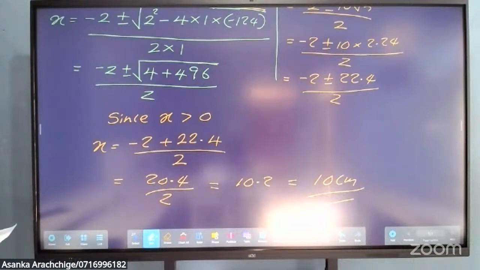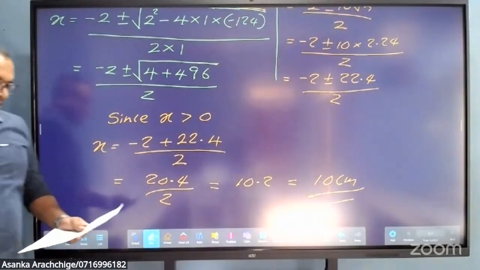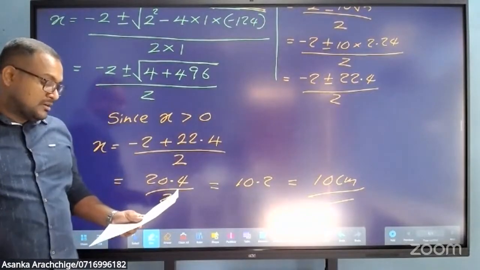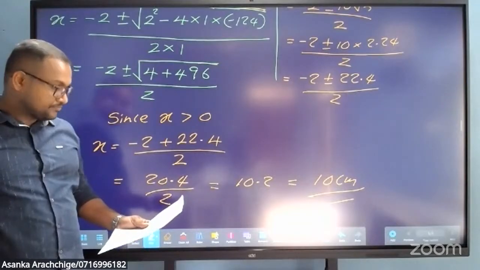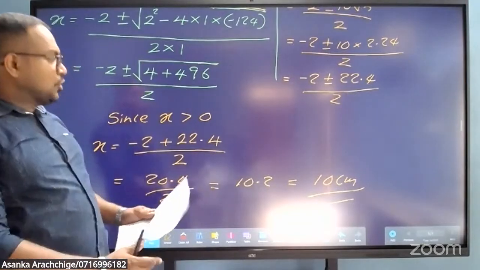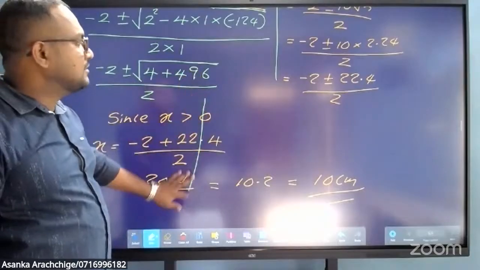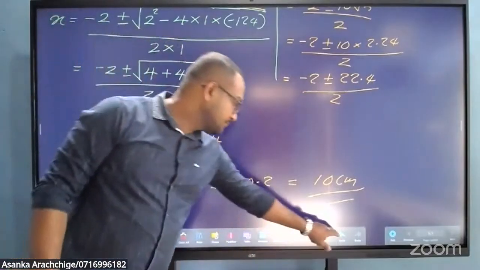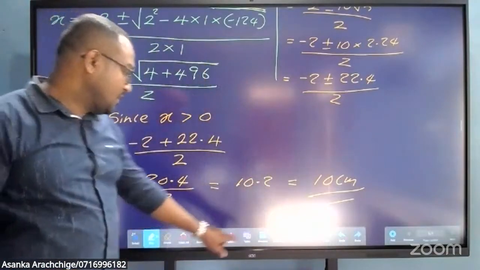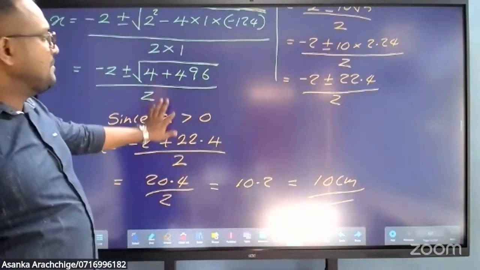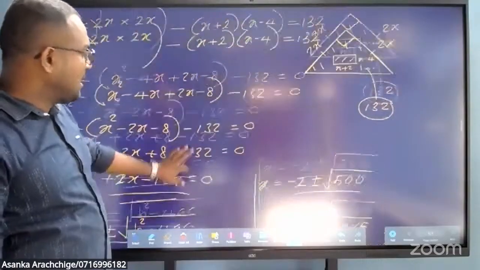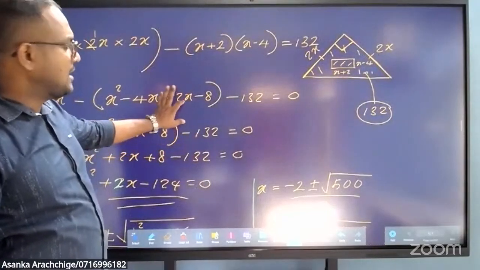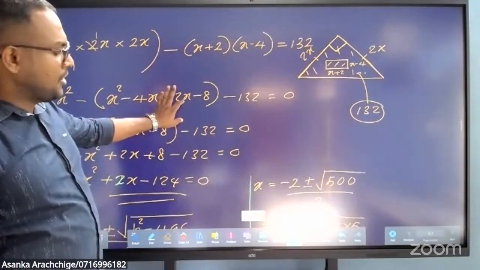Then show that the length of the longest side of the top of the cake. Now we are talking about the top of the cake. This right angled isosceles triangular part is the top of the cake.